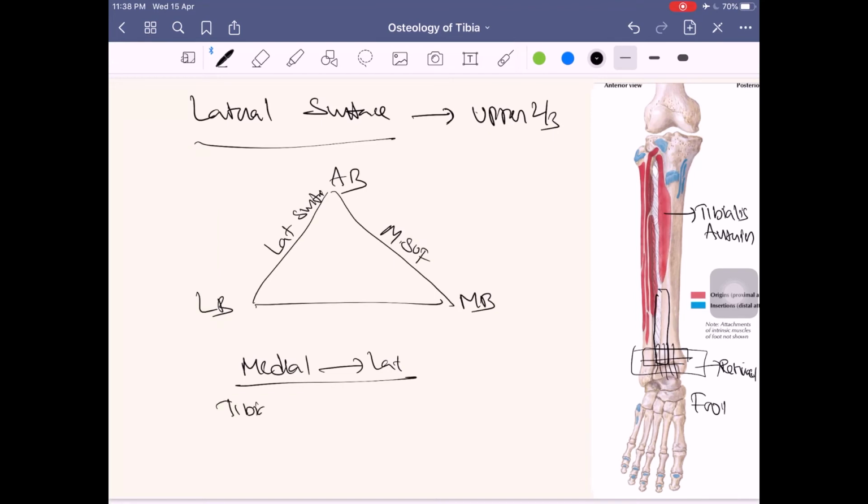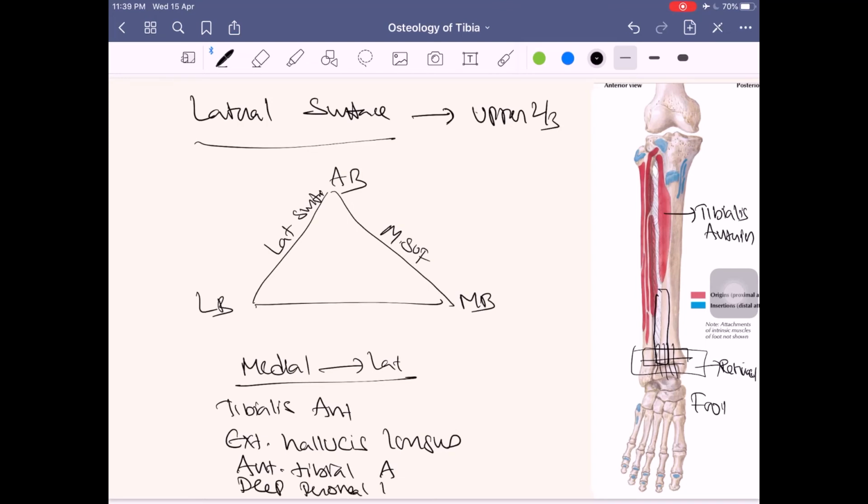So medial most is here, tibialis anterior. I'll show this all in the app also. Tibialis anterior, extensor hallucis. Hallucis is for your great toe, just like pollicis is for your thumb. So it is a muscle acting on your great toe. Longus, because there is a brevis also. Then you have an artery called as an anterior tibial artery. All this you will know once we do the compartment. And there is a nerve called as a deep peroneal nerve.